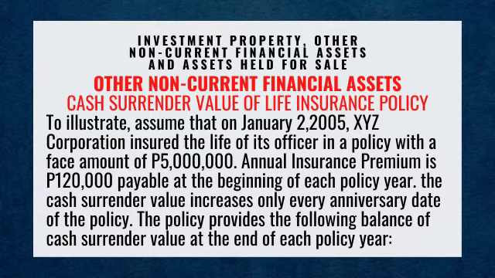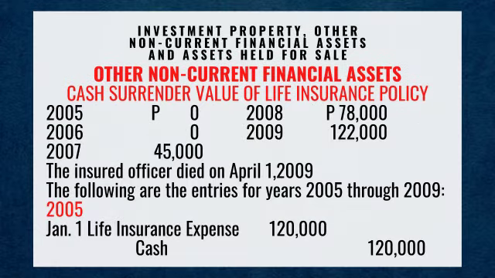The cash surrender value increases only every anniversary date of the policy. The policy provides the following balance of cash surrender value at the end of each policy year: 2005, 0, 2008, 78,000 pesos. 2006, 0, 2009, 122,000 pesos.